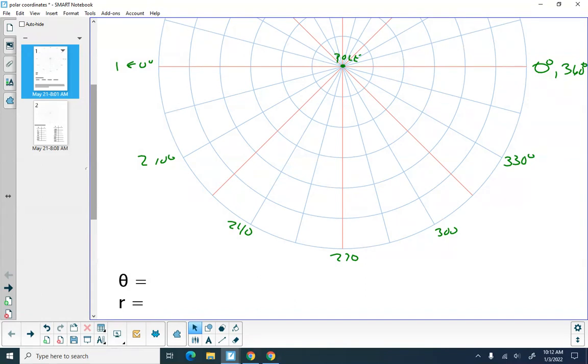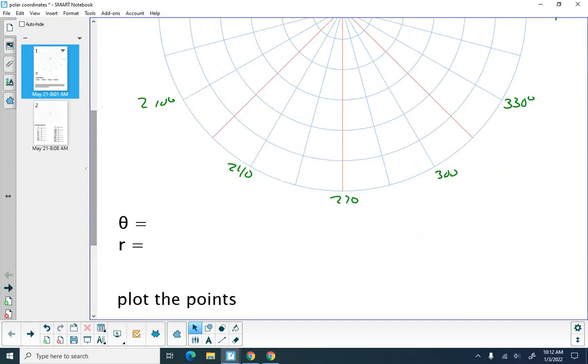Now, when we're dealing with two-dimensional graphing, we have an XY coordinate system. We know that we need an X value and a Y value. Well, we don't have X values and Y values with this graph. What we have are what are called R's and thetas.